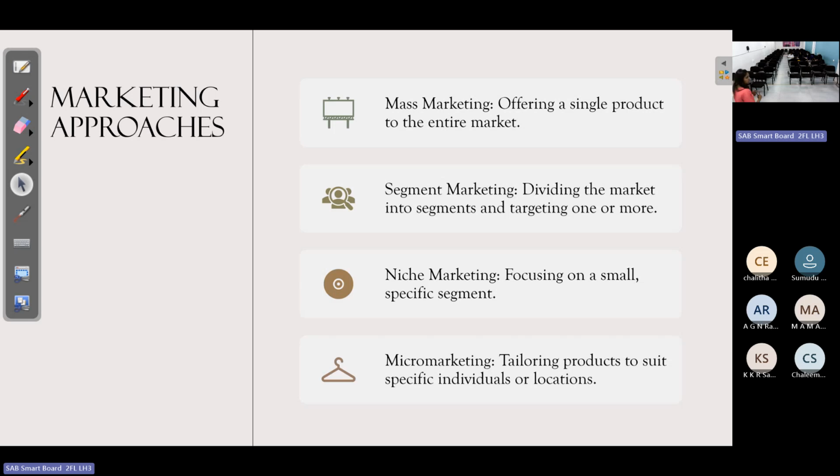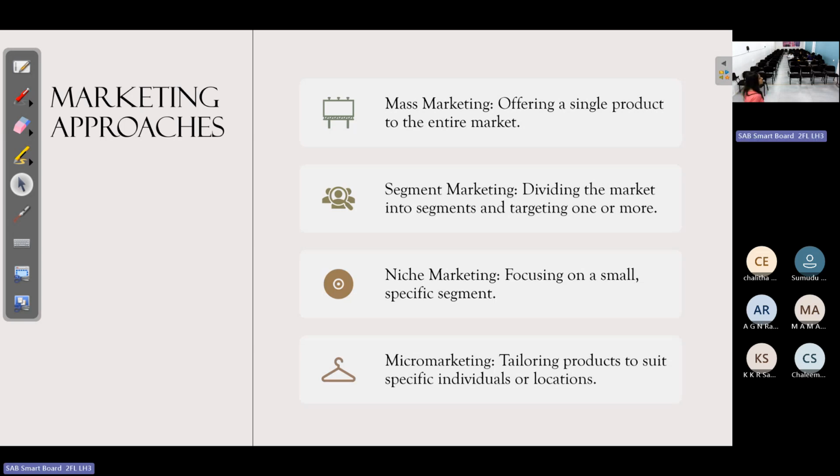Then second point, serve for common needs.